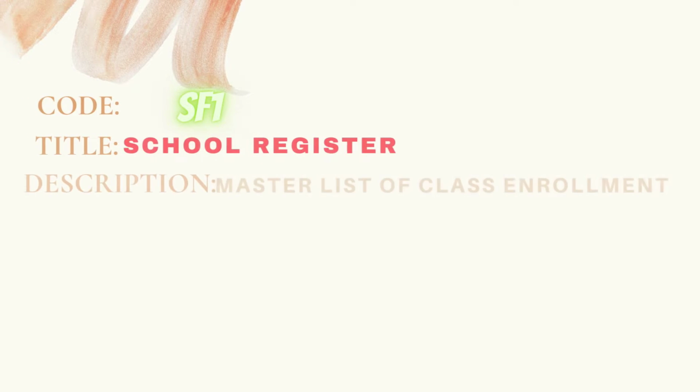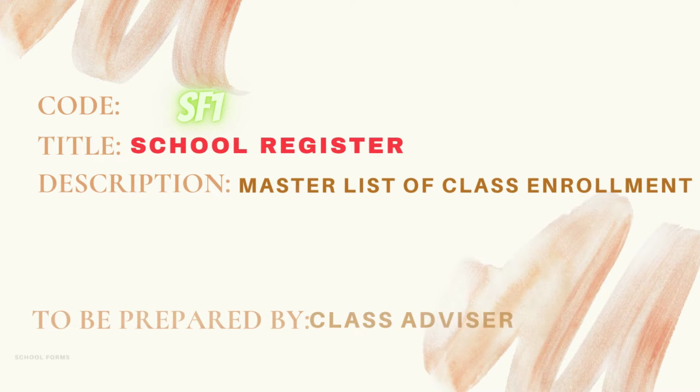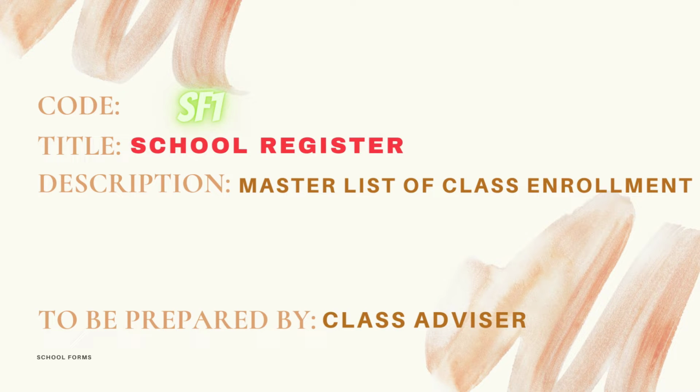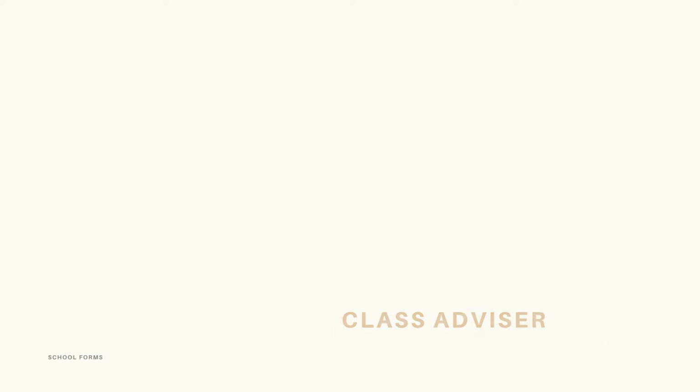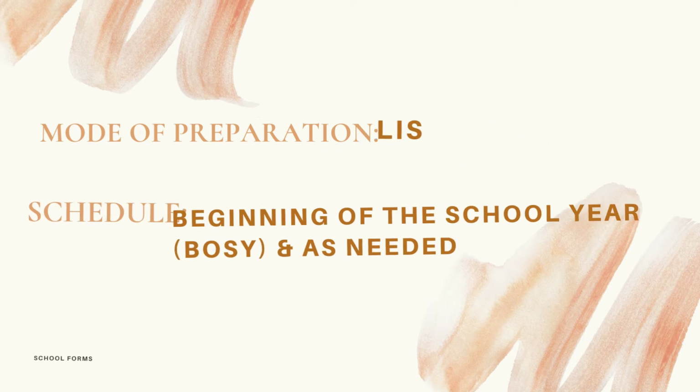Let's begin with the SF1 or School Form 1. SF1 is the school register, the master list of class enrollment, to be prepared by the class advisor. SF1 is a list of your students with their date of birth and guardians.